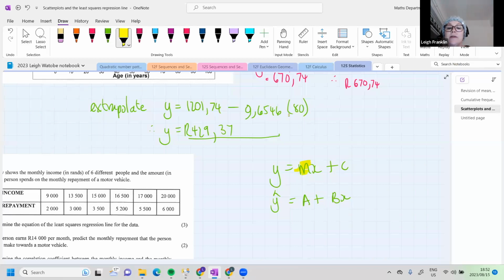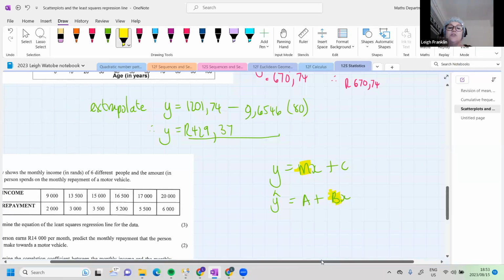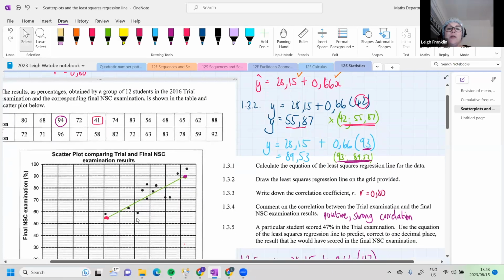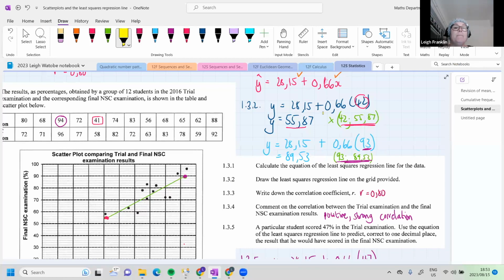Here, your gradient is your b value. If you have a look in this question up here, this plus 0.66 is a positive number. So the line has a positive gradient. It slopes up to the right-hand side.